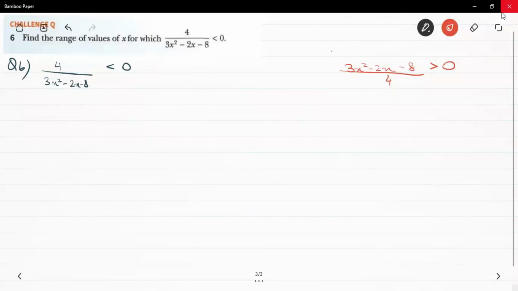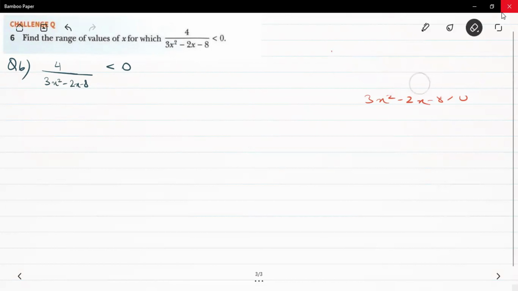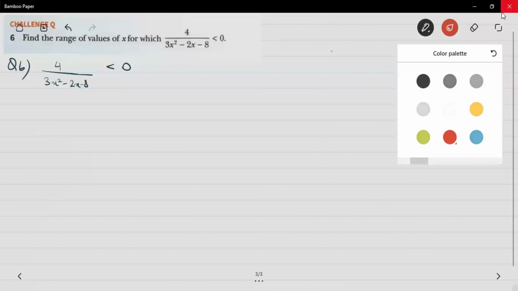And then they multiply here. So then we have the simplified equation 3x squared minus 2x minus 8 is greater than 0. We cancel out 4 with the 0. But this thing we do is wrong. It's completely wrong. The method I'm going to do now is going to be the correct one. Let me use my correcting.